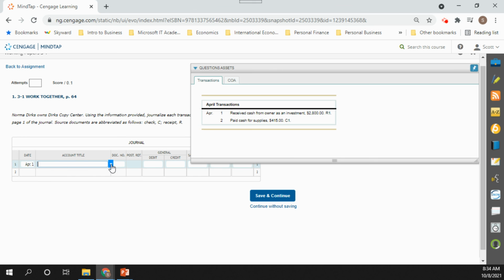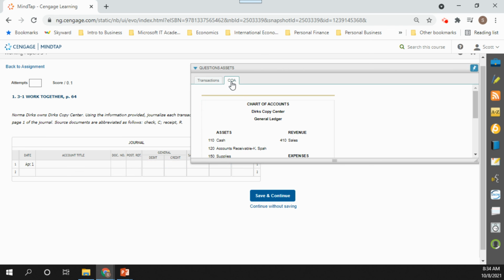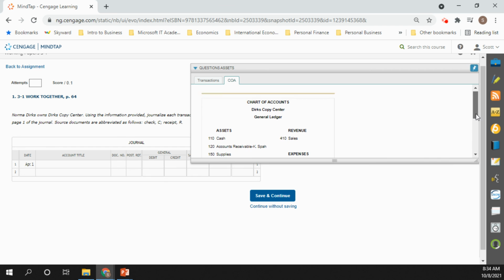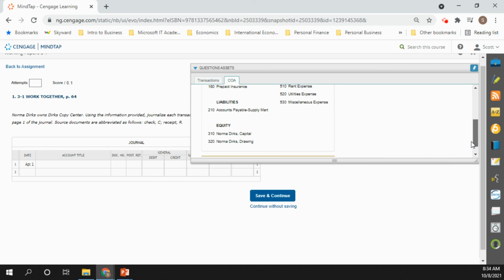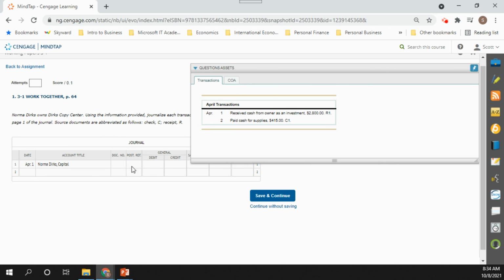Account title is going to be Norma Dirks Capital. Document number is going to be R1.